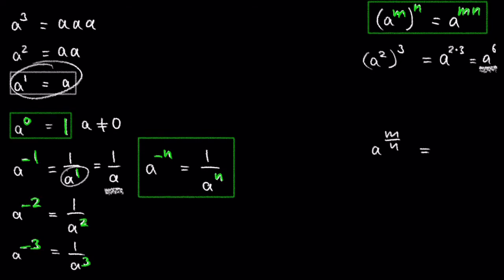Let's look at the law of fractional exponents. A to the power of m over n is the same as the nth root of a to the power of m.